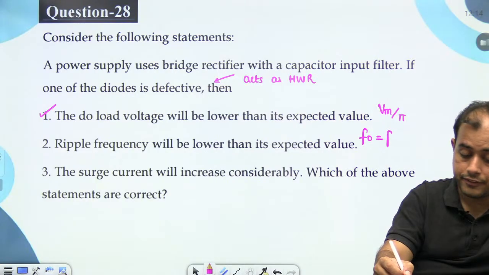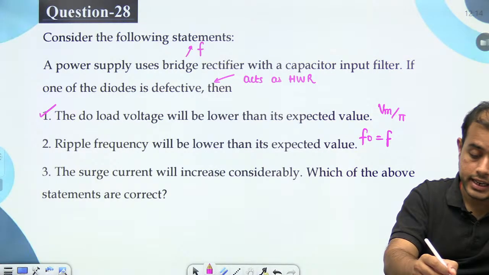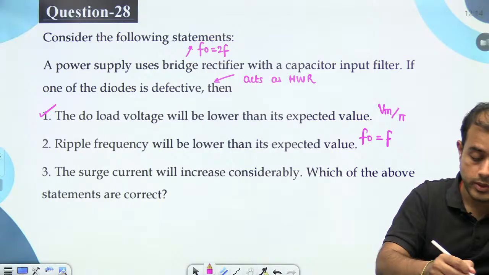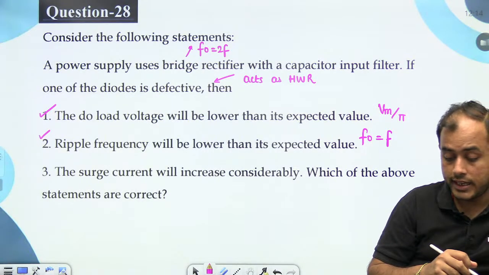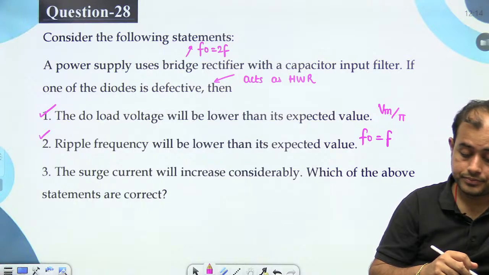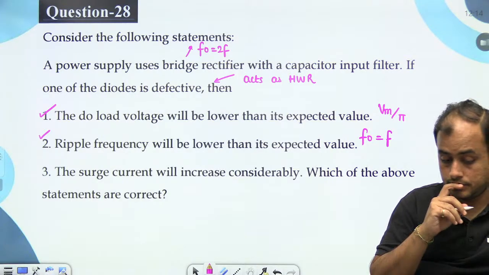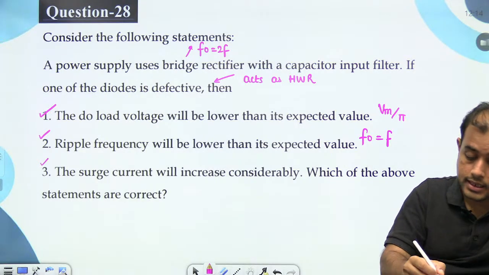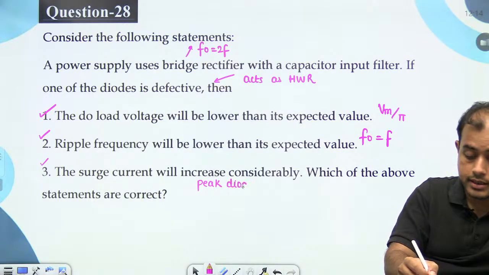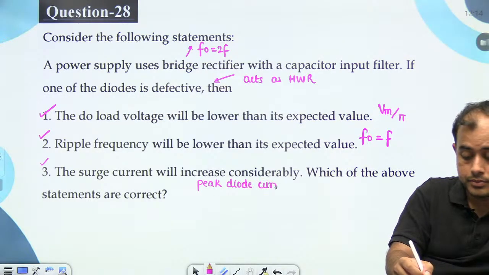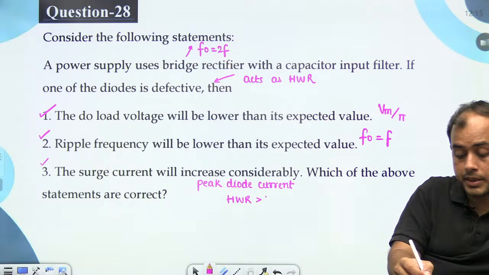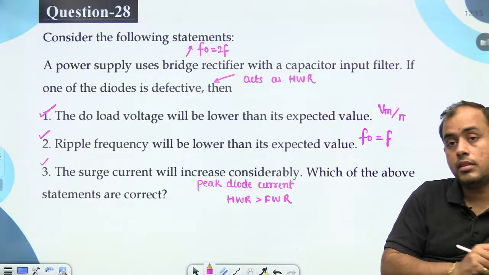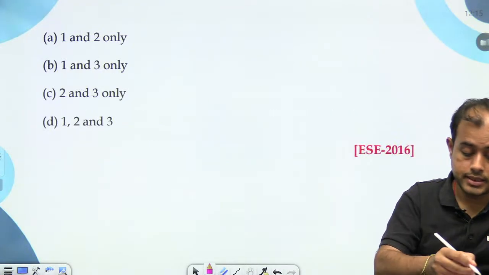F0 will become F. In bridge rectifier, F0 is 2F. So ripple frequency decreases. Surge current will increase considerably. Surge current is the peak diode current. So it is more in half wave rectifier as compared to full wave.